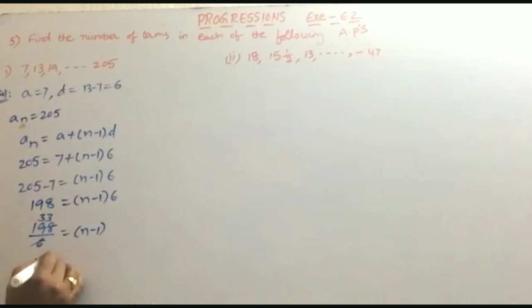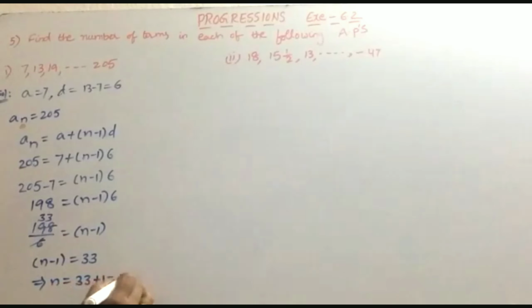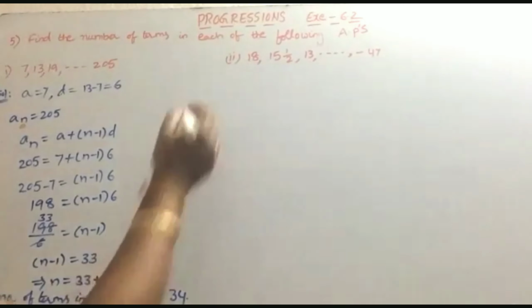So n minus 1 equal to 33. That means n is equal to 33 plus 1, that is 34. So the number of terms in this AP are 34.